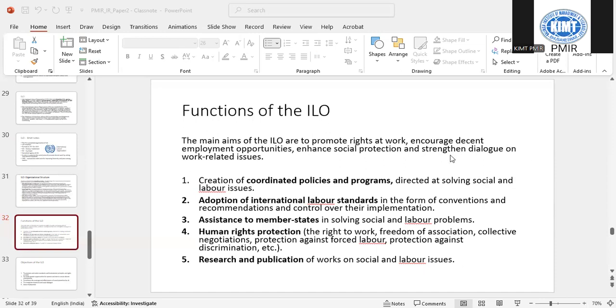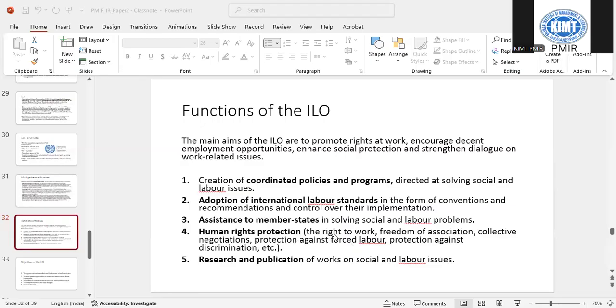Another function is to implement, recommend and adopt the new rules and regulations, new standards, for the member states. Another function is to provide support and help to the members, whoever are members of that organization. That means countries. Countries are members, so providing them the assistance, the help.